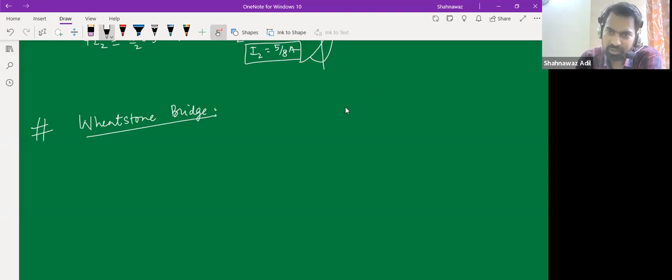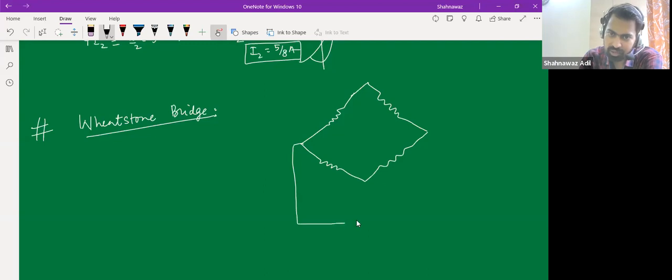The construction of this Wheatstone Bridge is that we have a resistance, and then this resistance, and then the other resistance, and this circuit is connected.